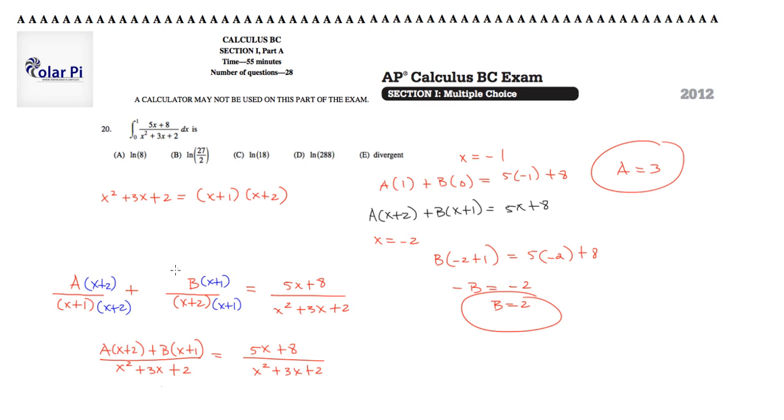And then we will have that, as we started, for those choices of capital A and capital B, this will equal 5x plus 8 over x squared plus 3x plus 2.